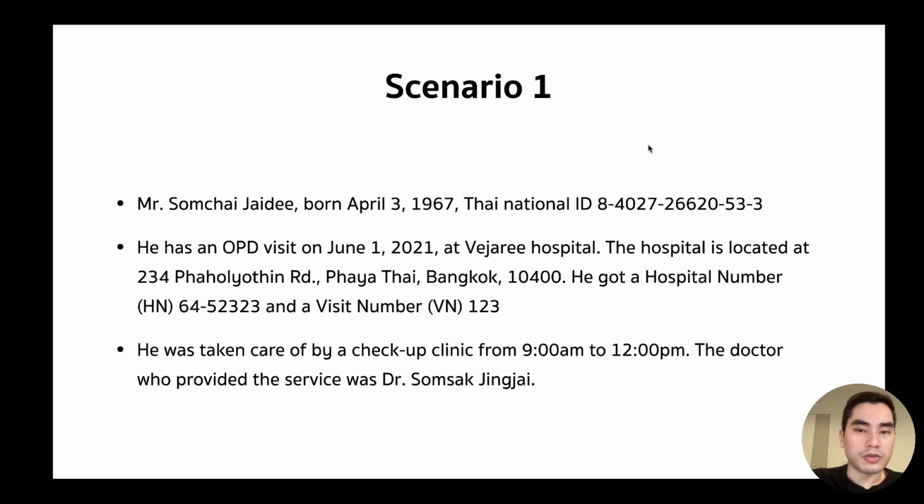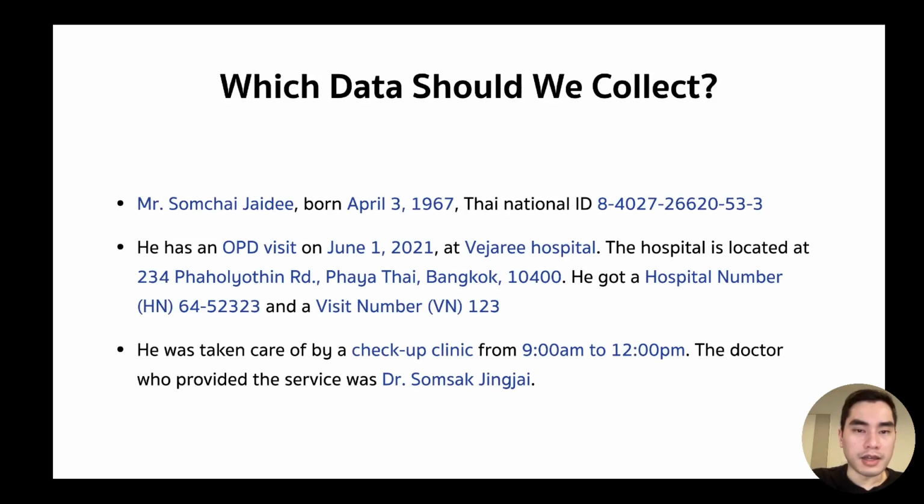If we want to model the information here to transfer electronically, let's say that we don't do anything with FHIR yet, just make it some computer program, which information will we convert into fields in the database? Maybe we can make it like this.